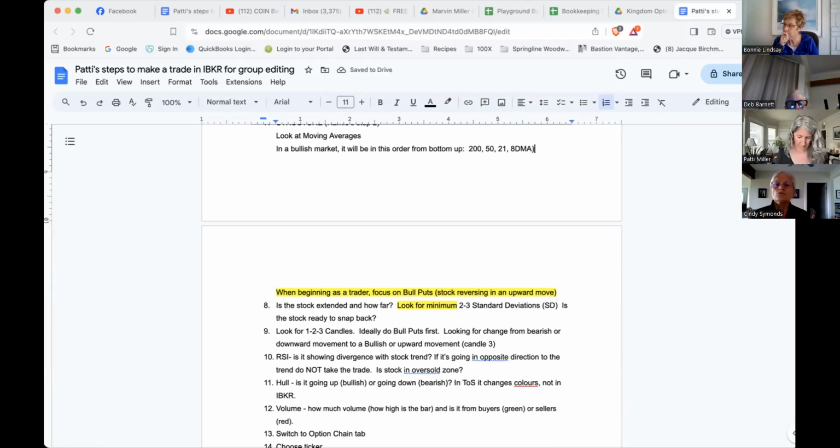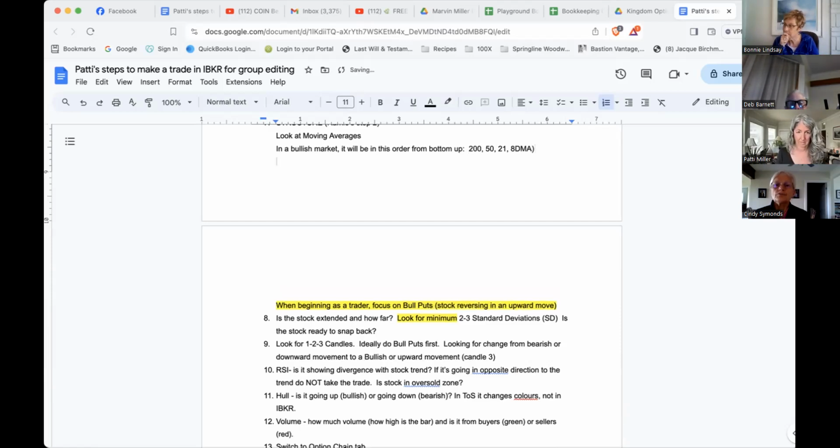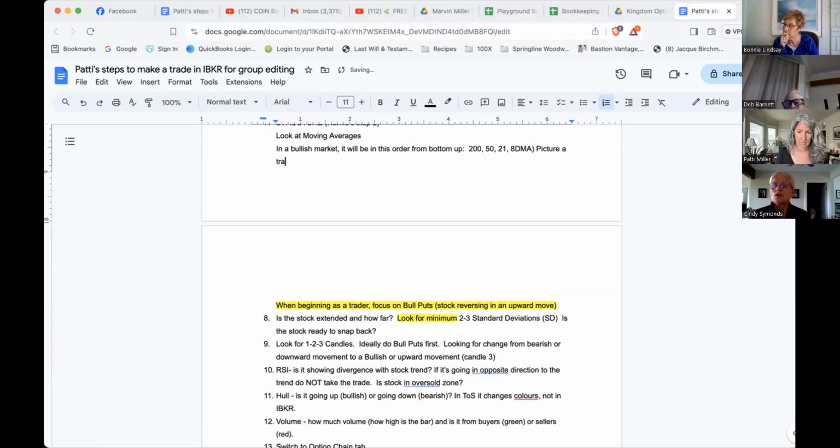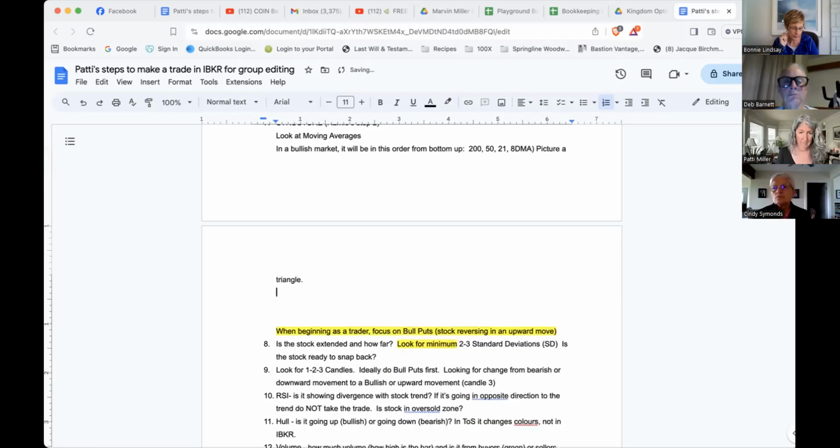Do you have all those lines on yours? The 200, the 50, the 21, and the 8? It's only been in the last sort of 3 weeks that Rami and Jeff both started showing us charts that had this 4th line on it.